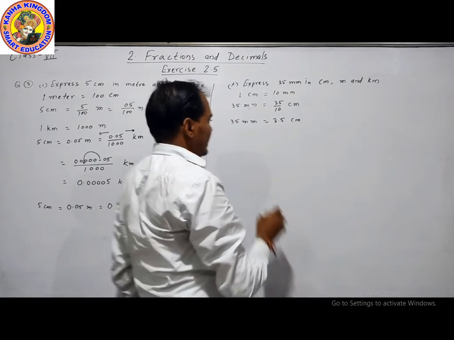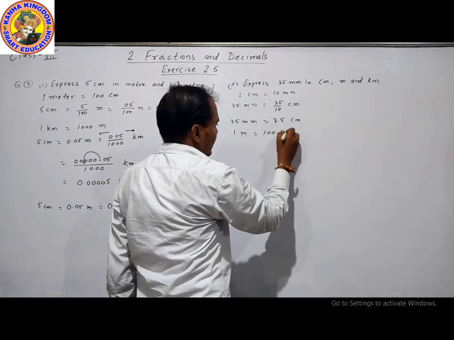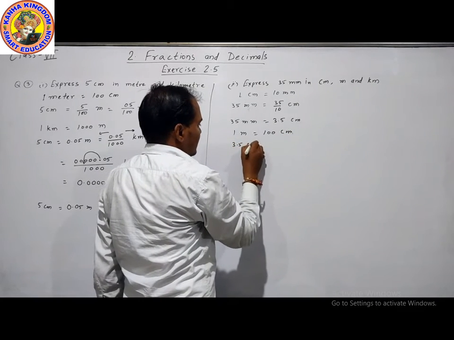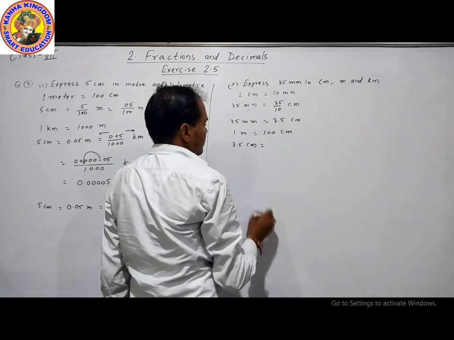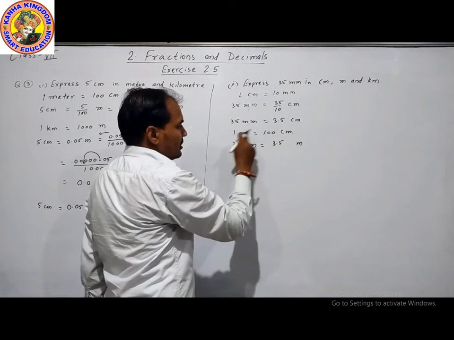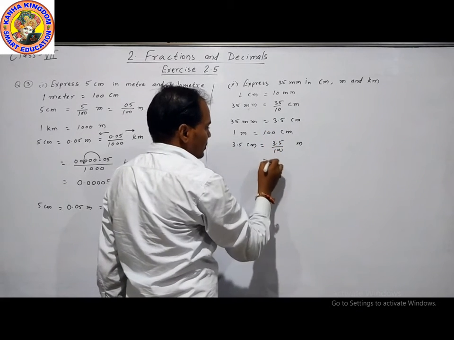Now centimeter and meter. 1 meter is equal to 100 centimeter. So 3.5 centimeter is equal to 3.5. We will convert to meter by dividing by 100.